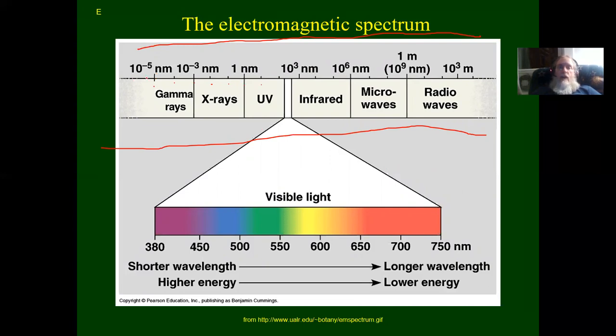Even though presumably it could go in both directions a good bit further than what's shown here, 10 to the minus 5 nanometers that we have here is 10 to the minus 14 meters. This one right here would be 10 to the 4 meters, 10 kilometers.